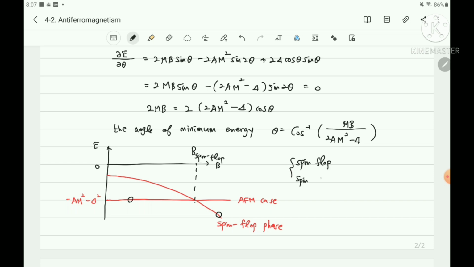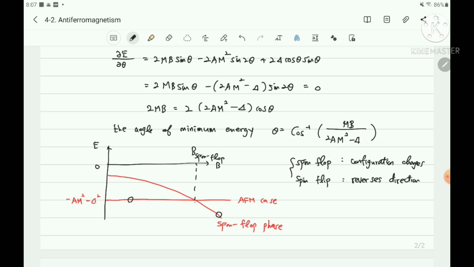In the spin flop case, the spin configuration suddenly changes, while spin flip means that the spin suddenly reverses its direction, and spin flop is a configuration change.